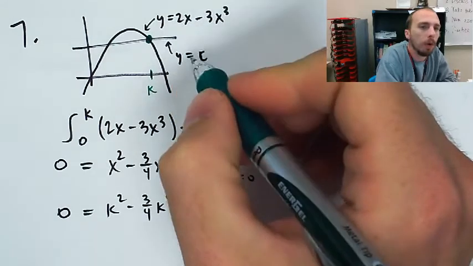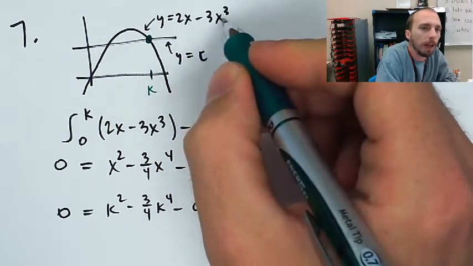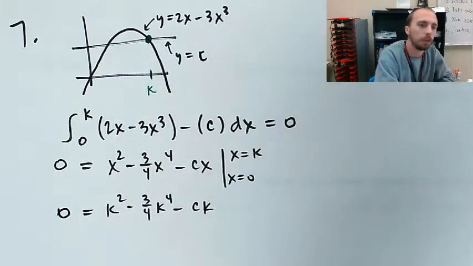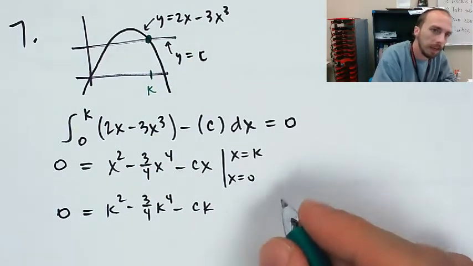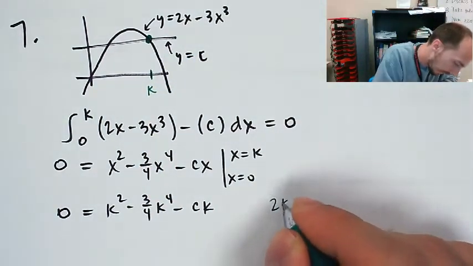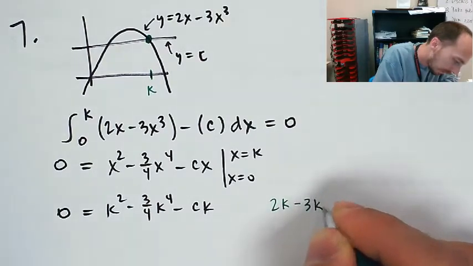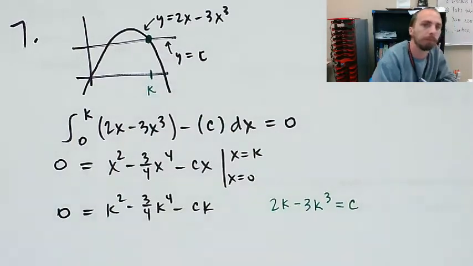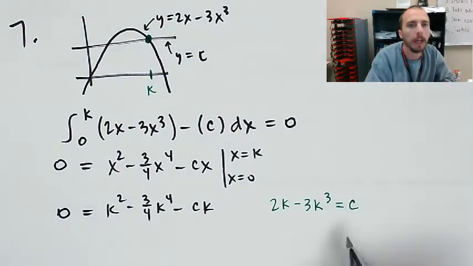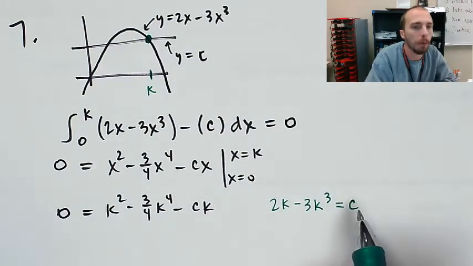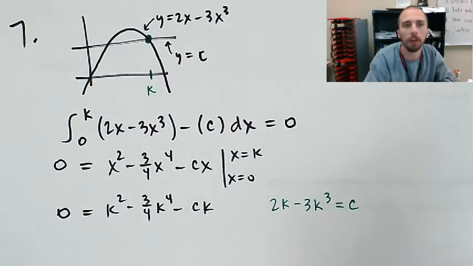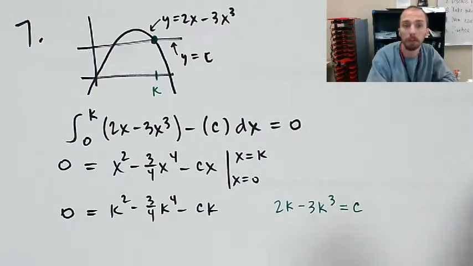But also I know that if I plug in k for x, that's going to have to equal c because they have that same point. So I'm going to say that 2k minus 3k to the 3 is equal to c. And so then I'm going to substitute on c, and then I'll have a polynomial entirely in terms of k, and then I'm just going to hope for the best.